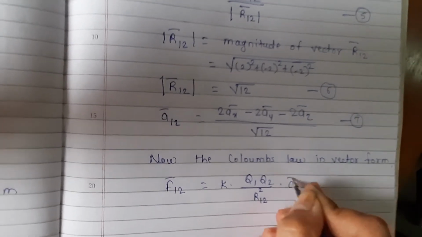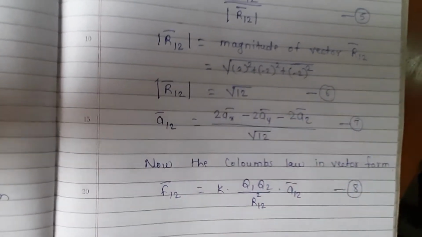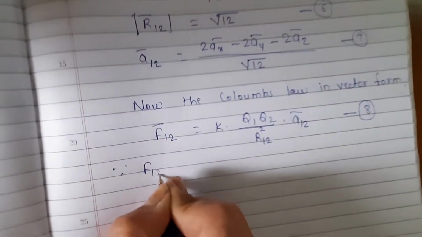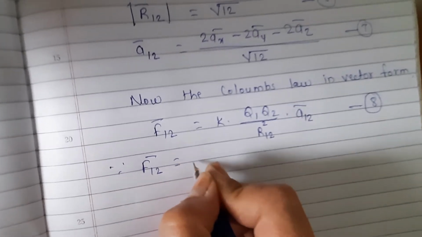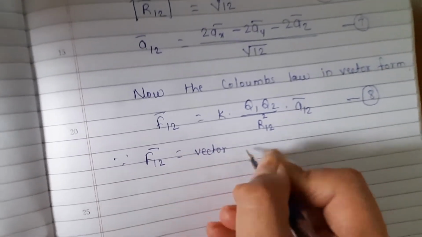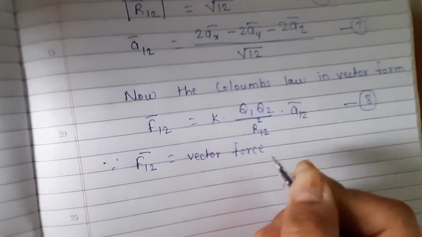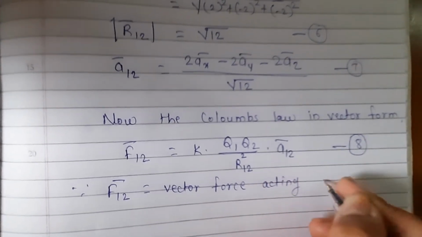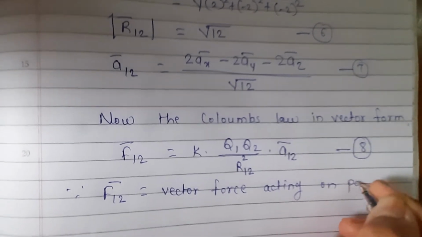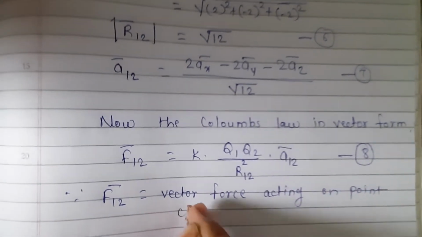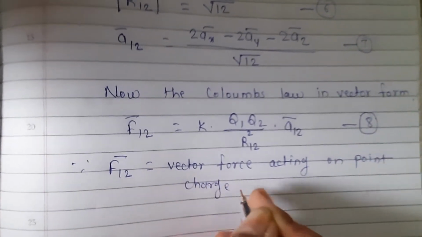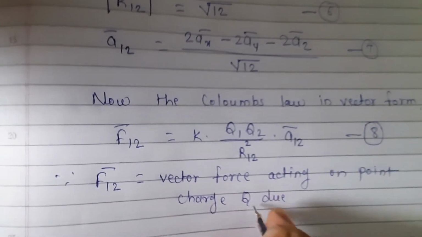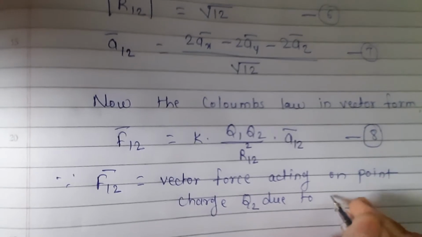F12 is the vector force acting on point charge Q2 due to charge Q1.